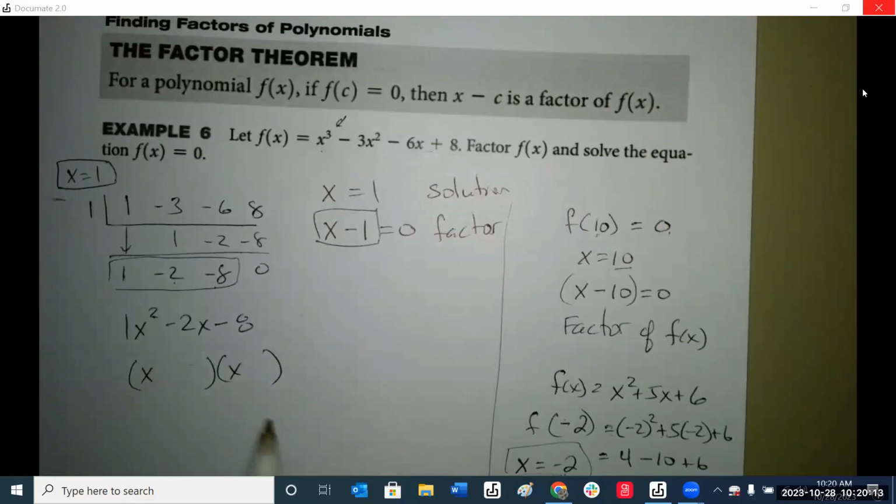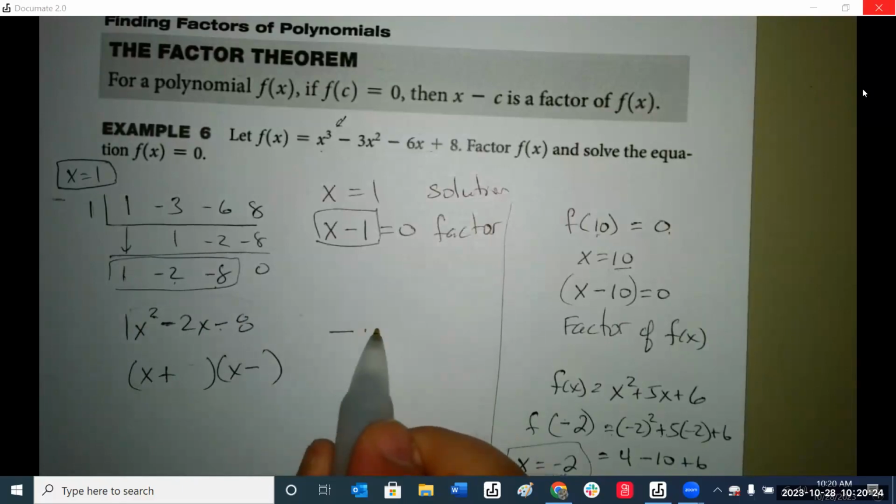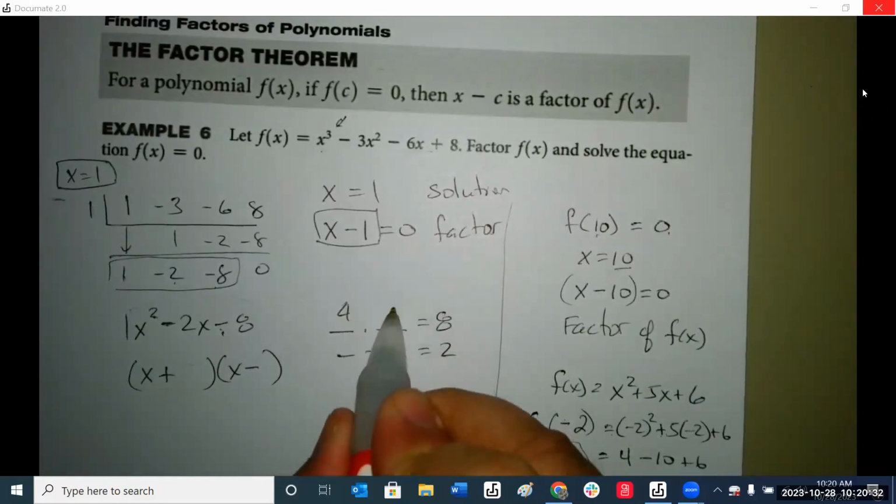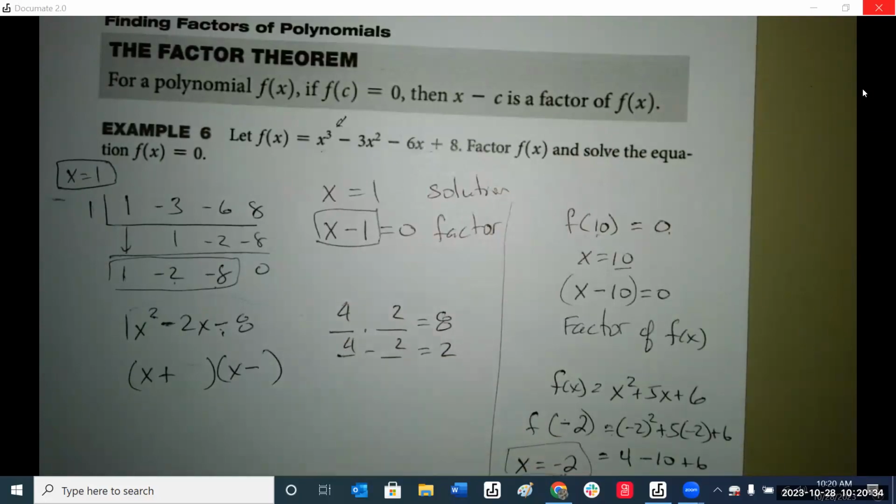So x times x. It's a negative sign, so one's positive, one's negative. The bigger number is going to have a negative. So what times what equals 8, where when we subtract them, we get 2? Four times 2. So that's a 4, and that's a 2.